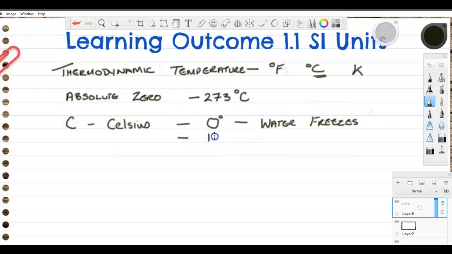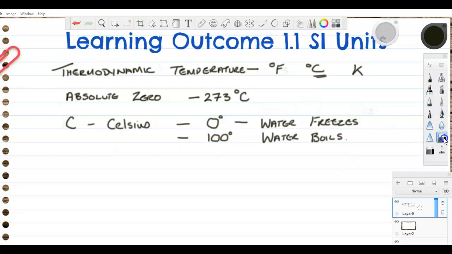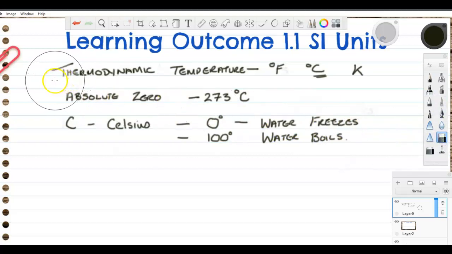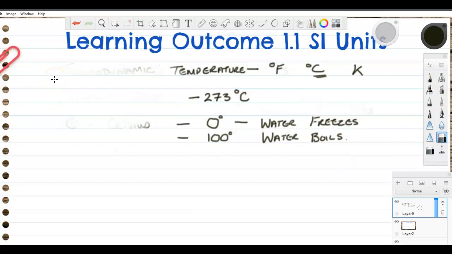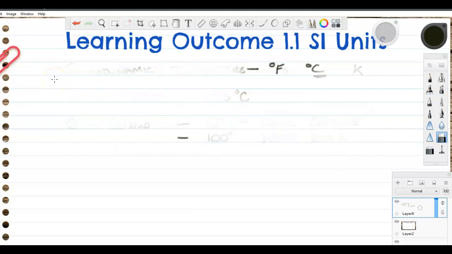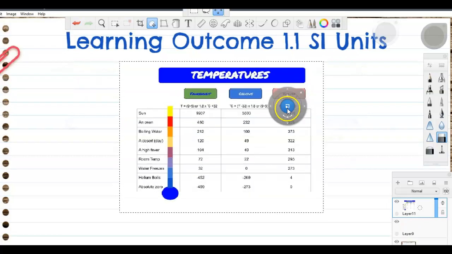The top end is 100 degrees, and that's where water boils. Now, just to give you some comparisons, so you can think about this in a more logical manner, we're going to import a picture and we'll shrink it down for you a little bit.